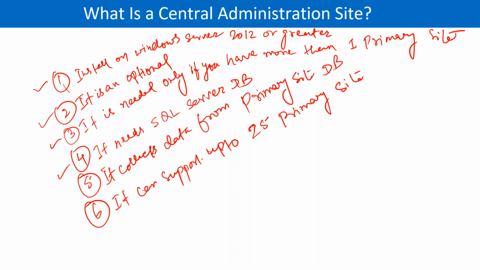It needs a SQL Server database to store the data, and it collects data from the primary site database. It can have a maximum of 25 child primary sites, plus it supports up to 825,000 client computers.